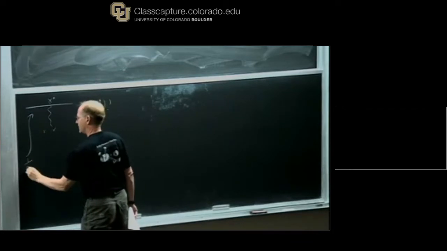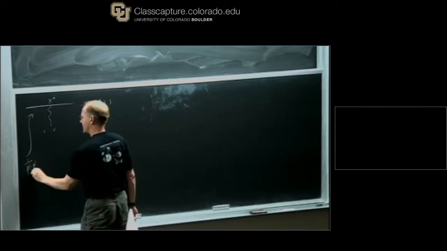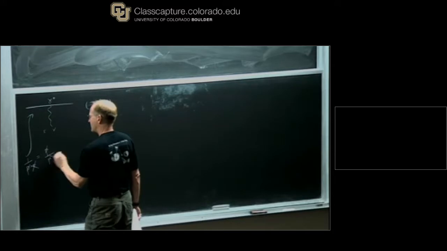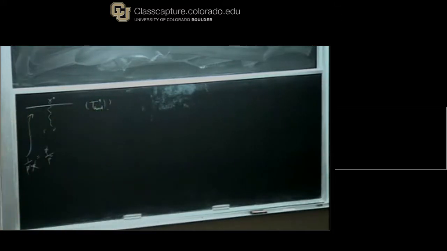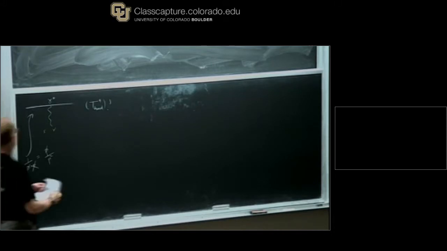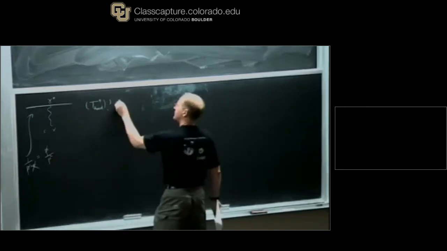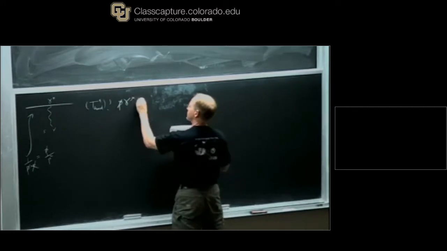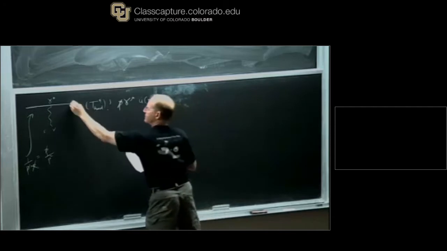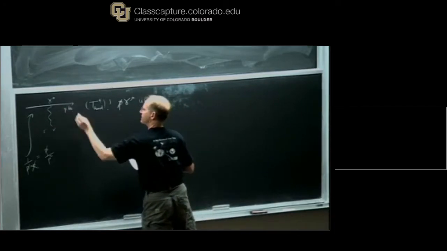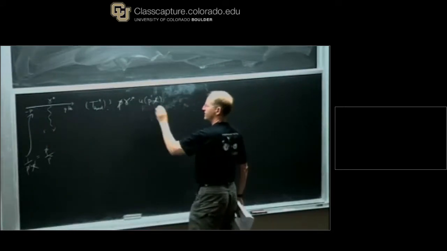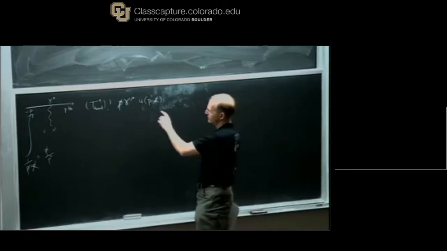And this propagator is a 1 over p slash minus m, the standard Dirac propagator. We're setting the mass to 0, and I'm going to make it p slash over p squared to make it look more like the propagator of a boson, a 1 over p squared type propagator. So that p slash is here, and then there's a gamma mu. And then we have a spinor for the outgoing particle with p minus k, but again, k is very small, so this is just like the spinor u of p.